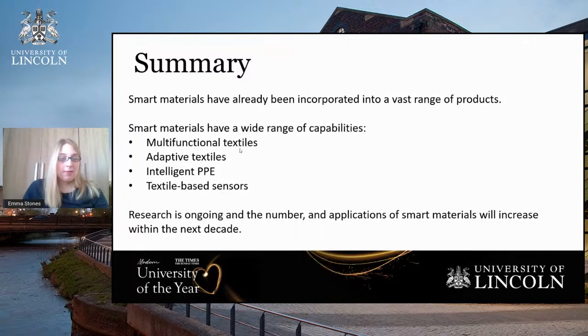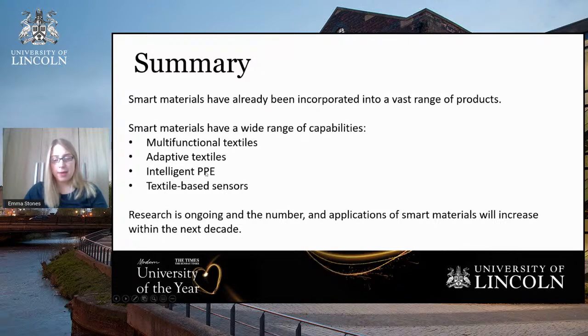We've looked at adaptive textiles, so those that are able to change colour. For example, the military uniform that we looked at being one example of an adaptive textile, able to change colour to aid with camouflage. There was also the pine cone inspired fabric, for example, for making a coat that would be classed as being an adaptive textile. In that case, it's responding to changes in weather.